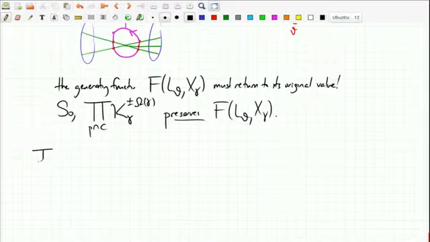So for that, we need to know that the theory has actually some line defects in it, right?